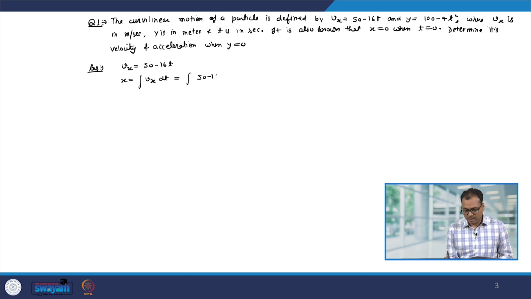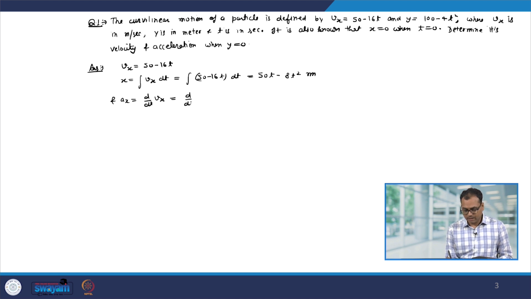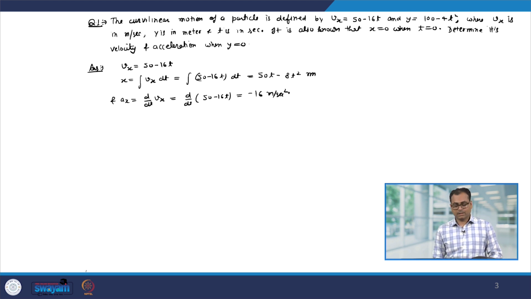So, we have the integral of 50 minus 16t dt, that is equal to 50t minus 8t square meter, and the acceleration Ax we can find out by differentiating Vx with respect to t. So, that will be d over dt of 50 minus 16t, and this comes out to be minus 16 meter per second square. So, now we know x and Ax.